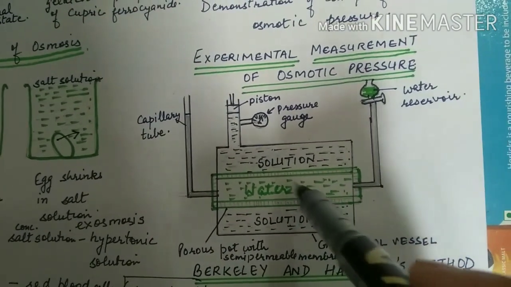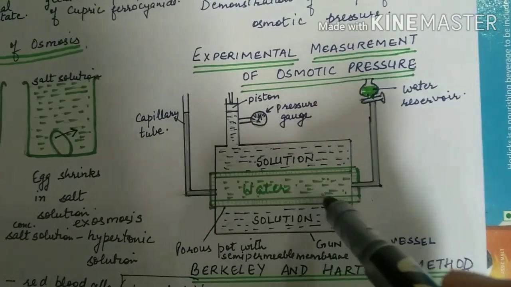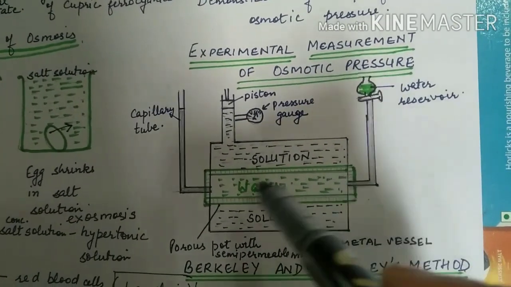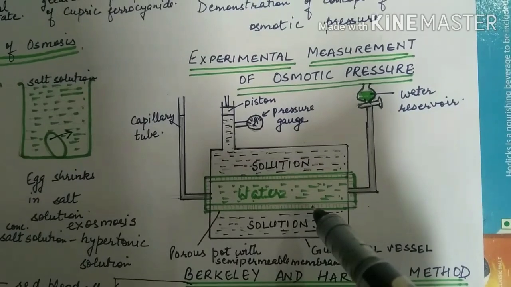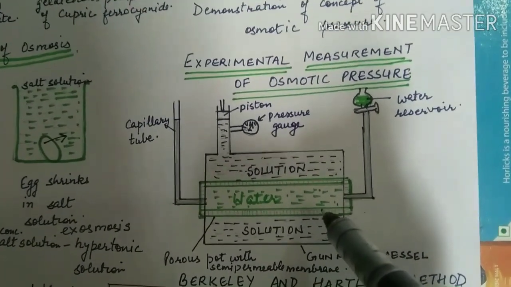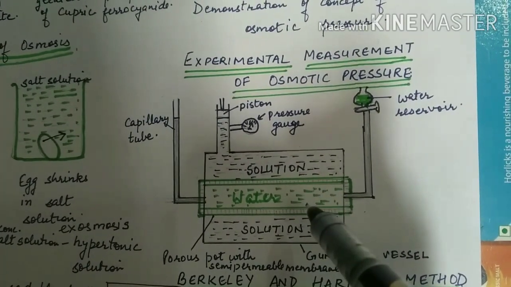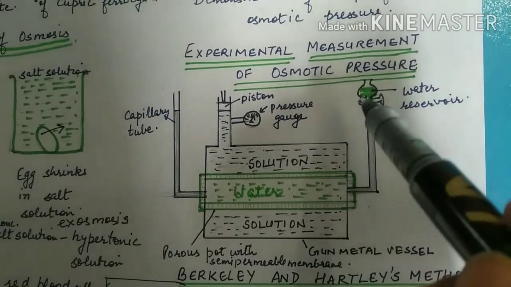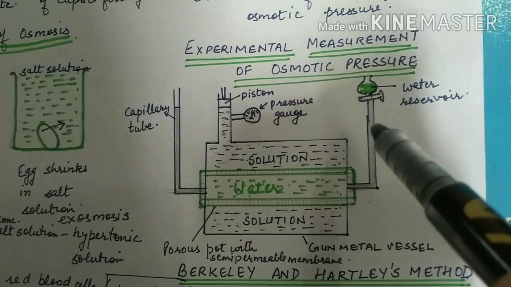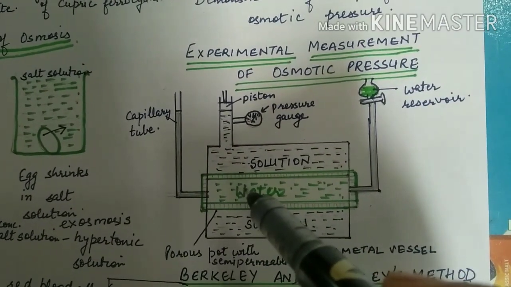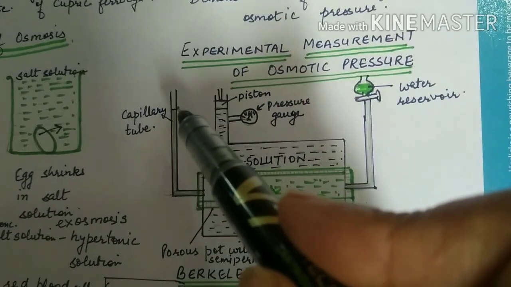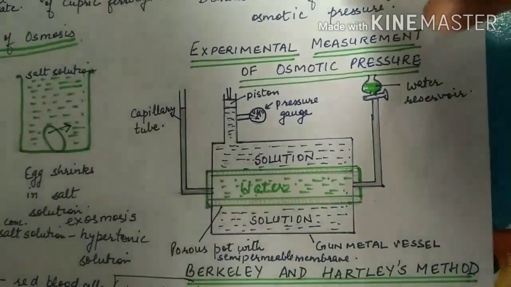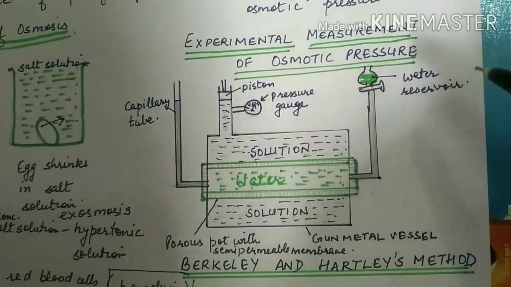And in between we have placed a porous pot, on the walls of which we have deposited cupric ferrocyanide, which acts as a semi-permeable membrane. And we fill this porous pot with water from this reservoir over here, and in such a way that when the water reaches this level in this capillary tube, we just close off the reservoir.